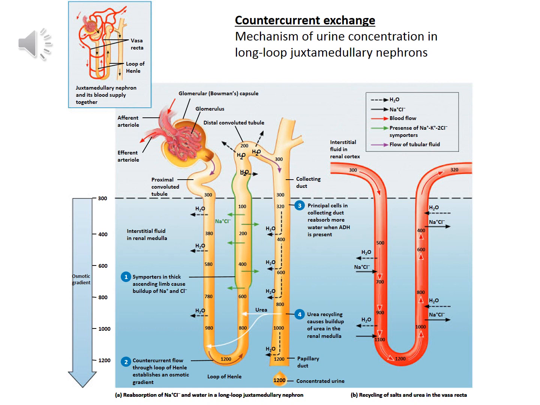As we look at the hairpin turn down there, deep into the renal medulla, which would be on the bottom of this diagram, we have an interstitial concentration outside that nephron of about 1200 milliosmolar. And the way we maintain this is with this countercurrent exchange mechanism.